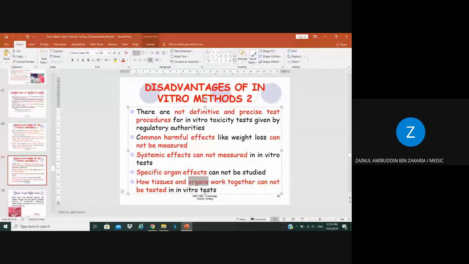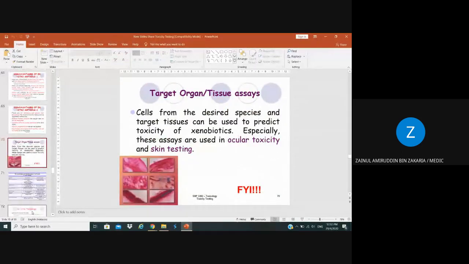So this is the interaction between brain and organs for Parkinson's. You cannot see how the brain tells the liver to produce more metabolites that can help to reduce Parkinson's effects. So there is a disadvantage. Okay? This is for your information.